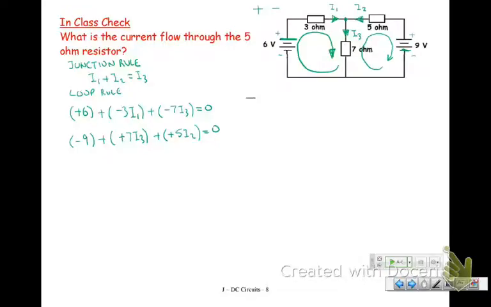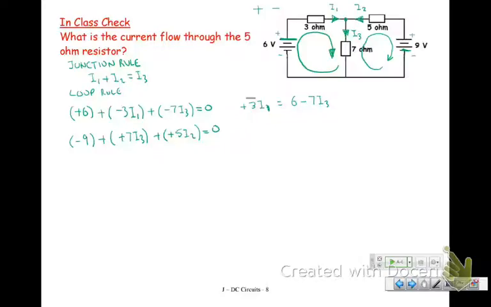So I'm going to say, okay, I want to get the I1 here. So I go, okay, going to be careful. I'm going to take this to the other side. So plus 3 I1 is equal to 6 minus 7 I3.